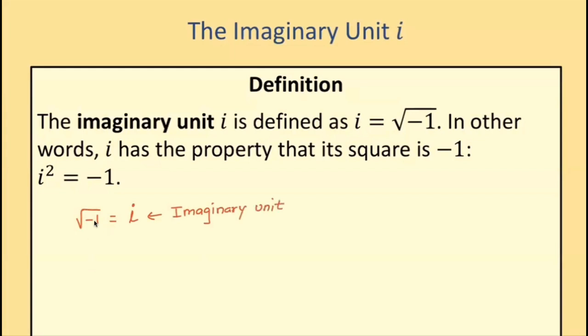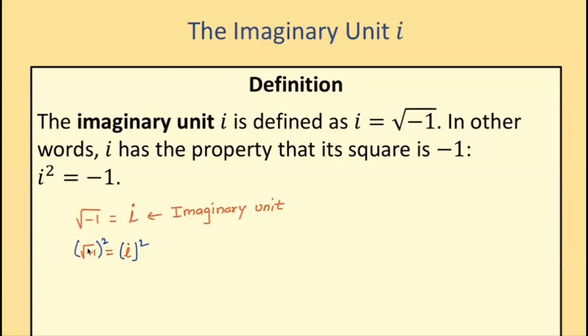That means if you square this on both sides, let me rewrite this and square it. -1, the square root of -1 is I. Now, if I square this on both sides, if you look at the left side, square and square root are opposite operations.